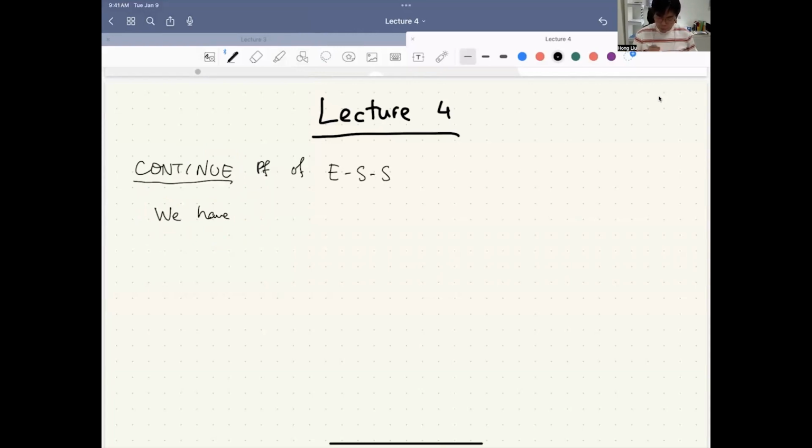So we have a graph G, n vertices with minimum degree at least (1 - 1/(r+2) + epsilon) times n.